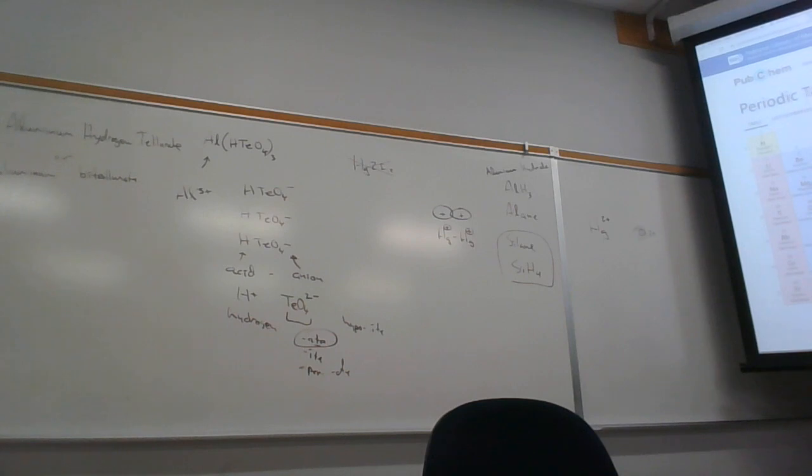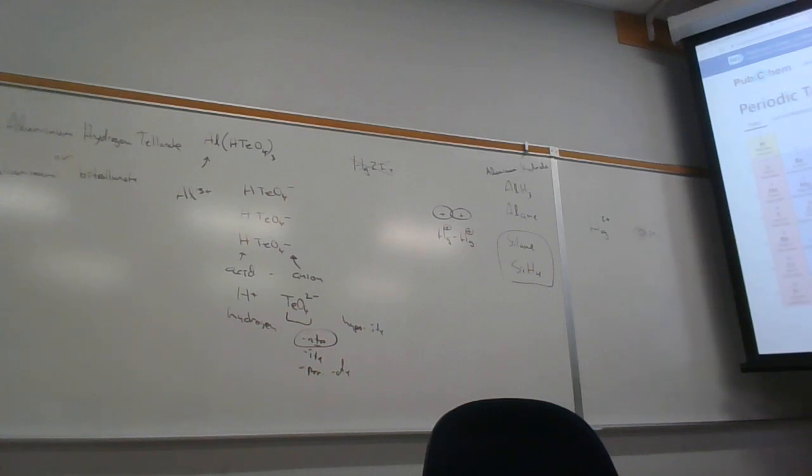Carbonate, CO3 2-. Nitrate, NO3 -. Fluorate, FO3 -. Chlorate, ClO3 -. Bromate, BrO3 -. Iodate, IO3 -. Do you see that? Just keep repeating that over and over again until you get it. Then you'll have no problem with these here.